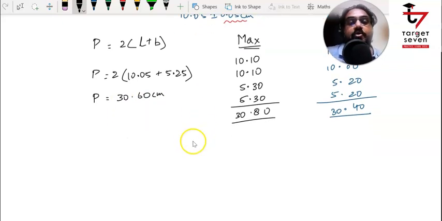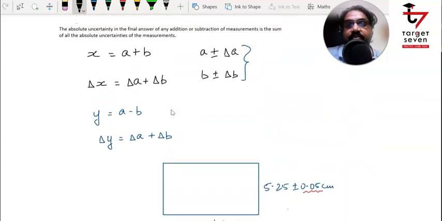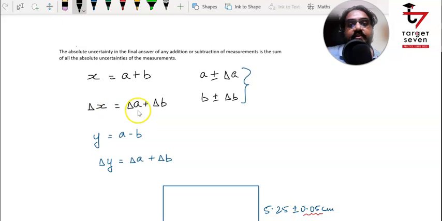Now, in order to report the perimeter along with the corresponding absolute uncertainty, P plus or minus delta P is equal to 30.60 plus or minus, well, let's go back to the formula that we have just taken down. It is delta a plus delta b.